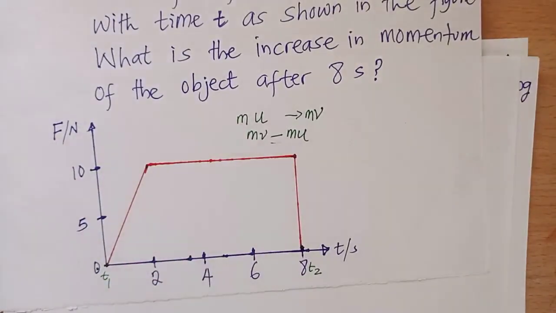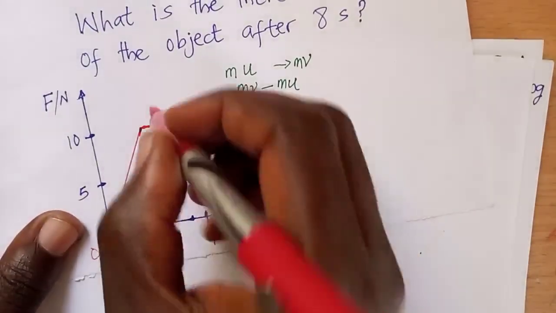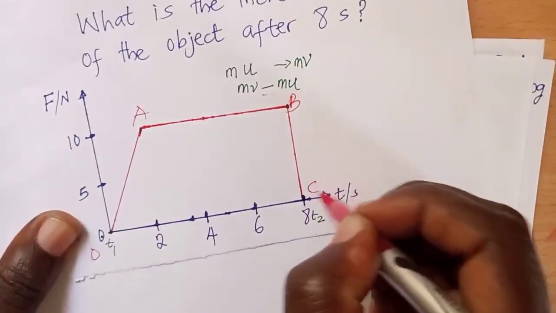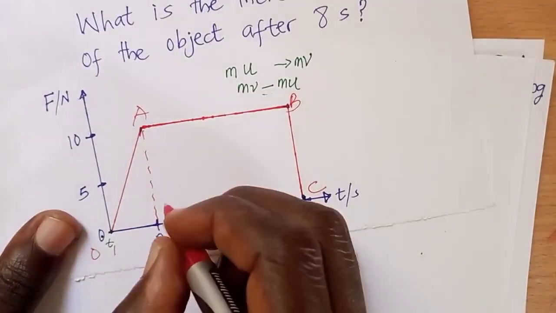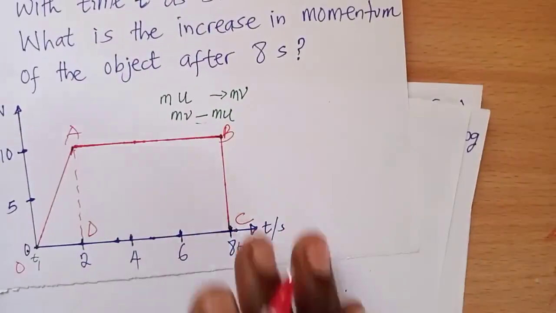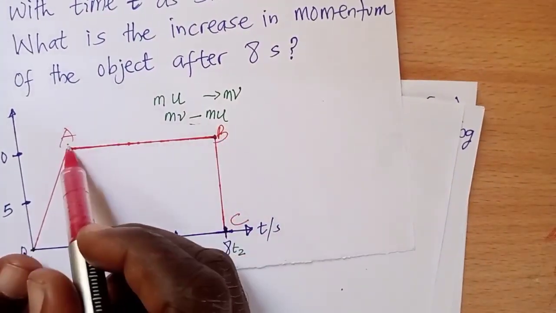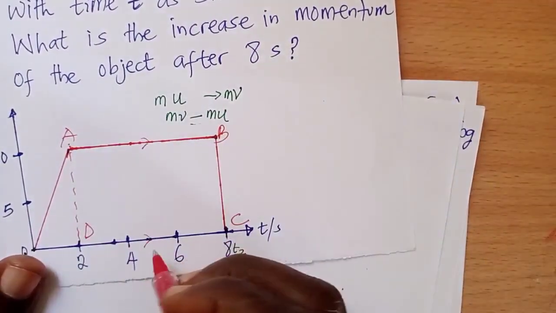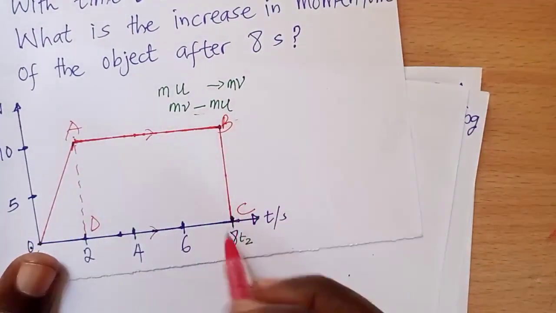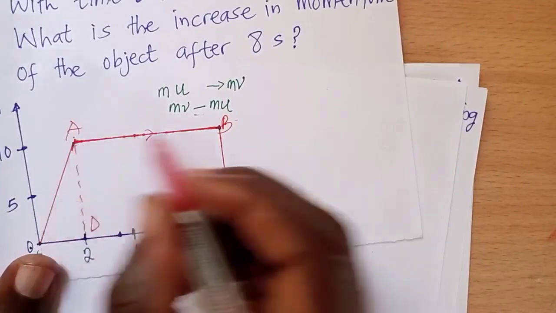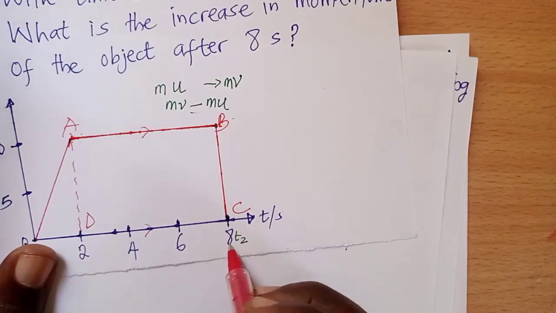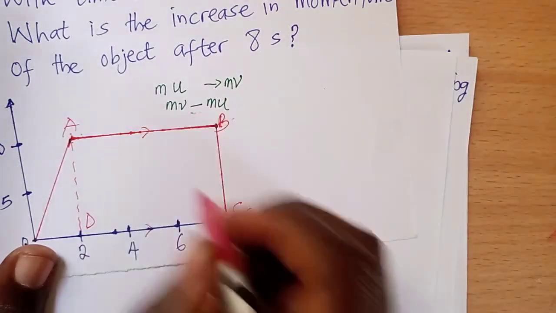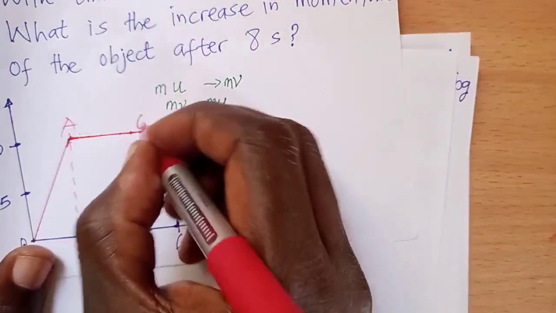So let me label my graph: O, A, B, C. So I need the length from here to here. How can I get it? This is the parallel side. Since it is horizontal, I go to the horizontal axis and say 8 minus 2, which gives me 6.